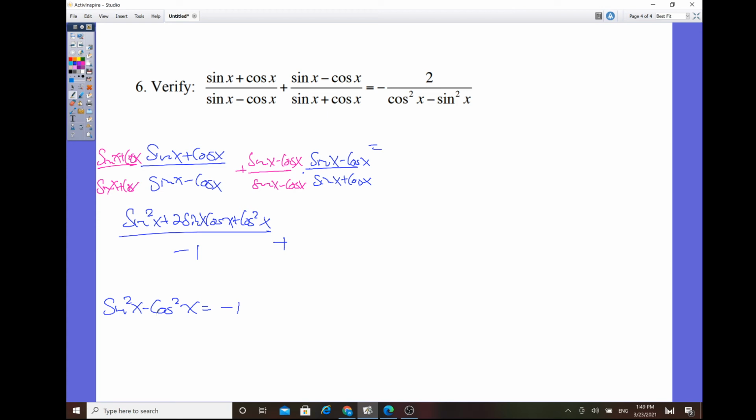So this one right here, it's always considered negative 1. Well, let's see. Wait a minute, it's not negative 1. We do know that sine square of x plus cosine square of x is 1, but sine square of x minus cosine square of x, just keep it that way first.